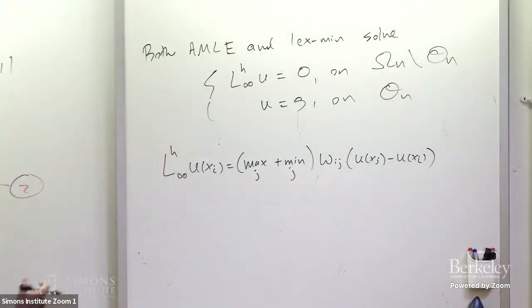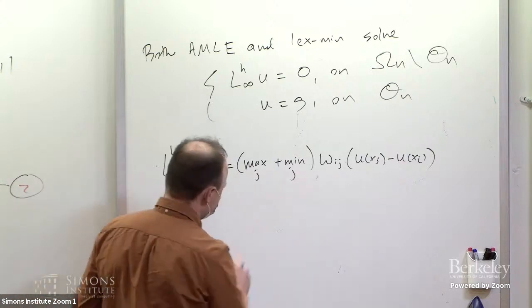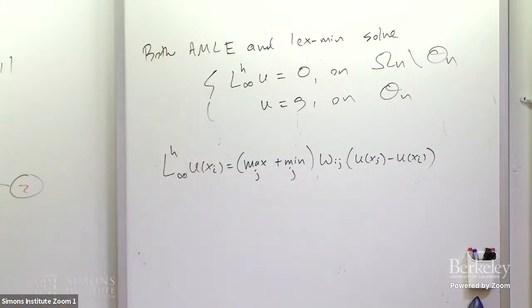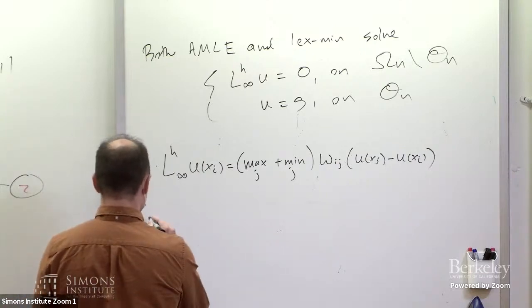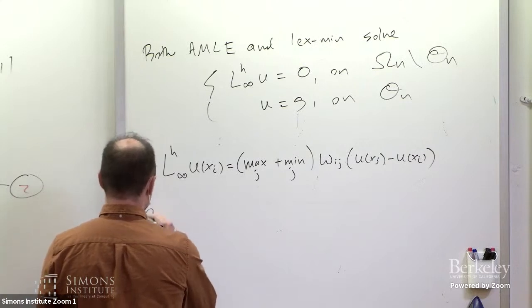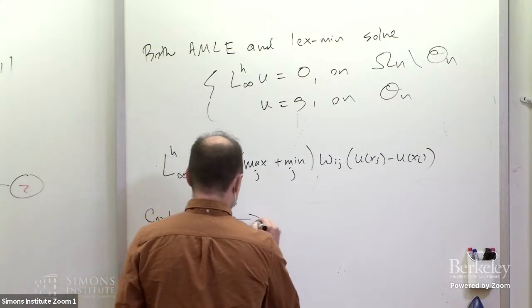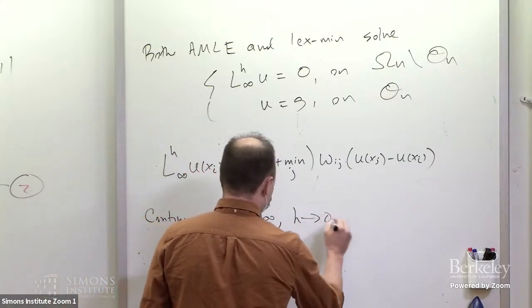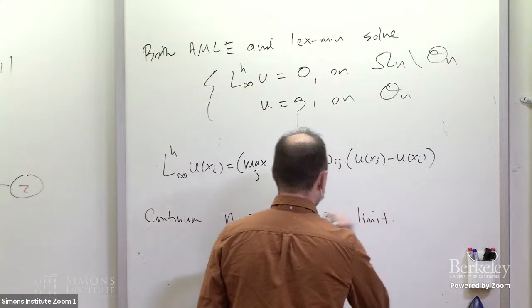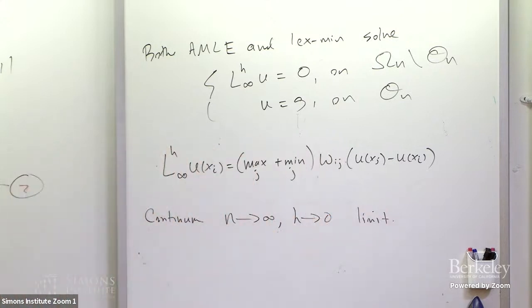And now, so the question is, what do you get in this discrete to continuum limits that we've talked about a lot in this workshop? So if I take the large sample size, so we're interested in looking at the continuum, n goes to infinity and h goes to 0 limit of this equation on the graph to understand why this gives you a good method for propagating labels at, let's say, very low label rates.